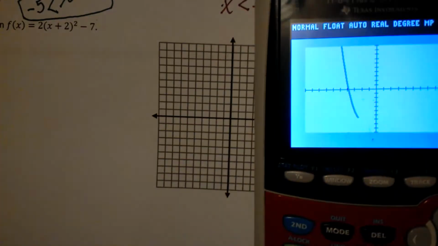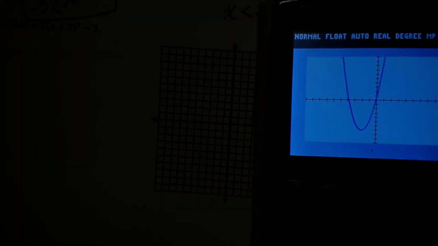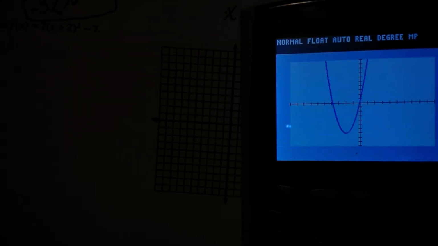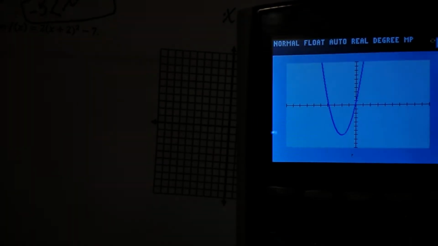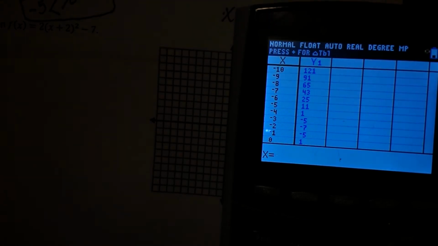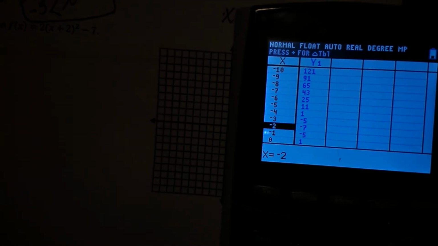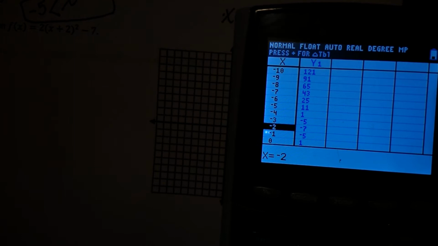So I'm going to graph it, see, okay, it is facing up. Go to the table. There's my vertex, -2, -7. I'm going to use those 5 points.